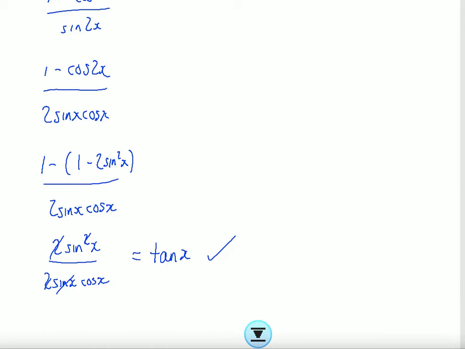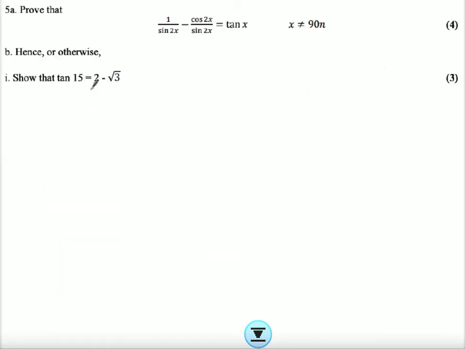And the next part is show that tan 15 is 2 subtract root 3. Okay, so that is a show that, it's not a use that. So we're just going to substitute x is 15, right?